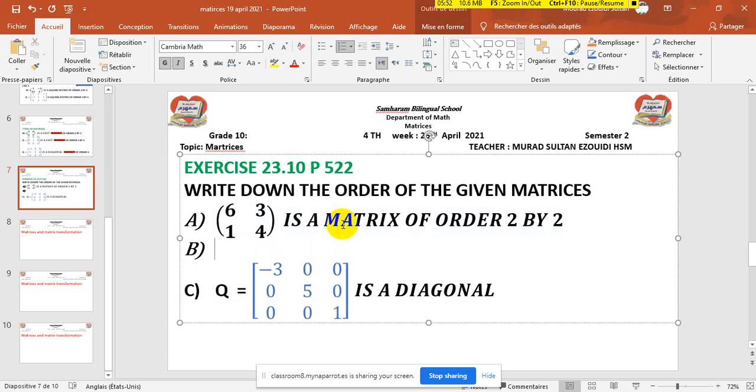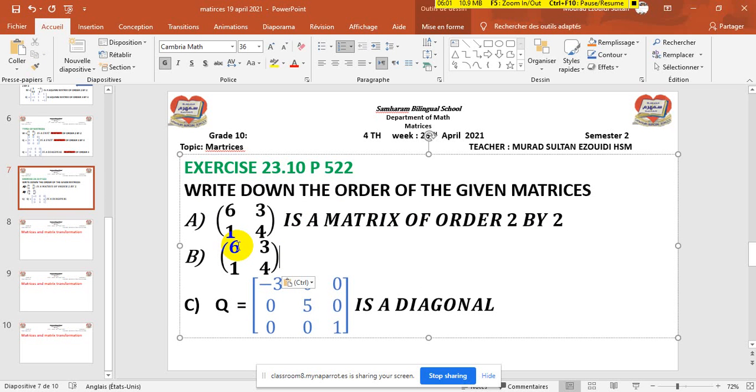Okay. Now we move to the second one. Small b we have like that also, but we have 2 rows and 3 columns. 2 rows, so we have 6, 3, then 0, and here 4, 1. Okay, so is it a square matrix or not a square matrix? It's not a square matrix. Why? Because the number of rows is different from the number of columns.